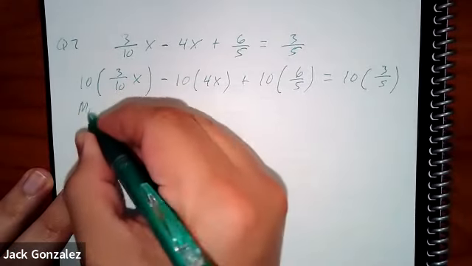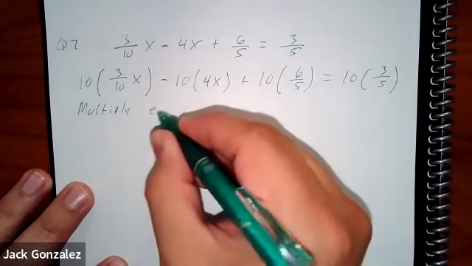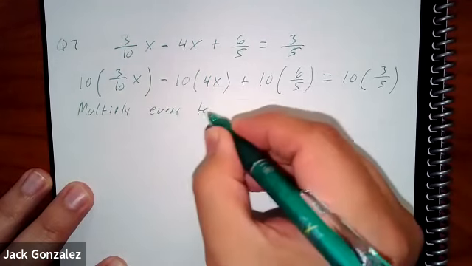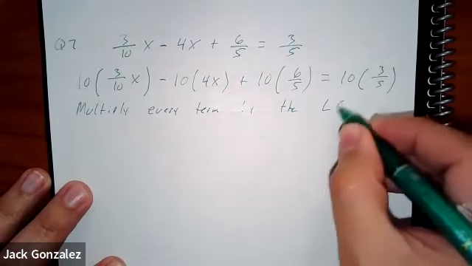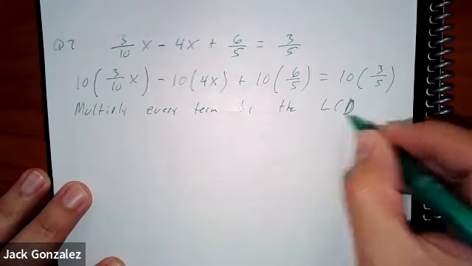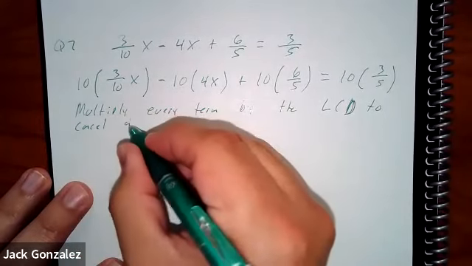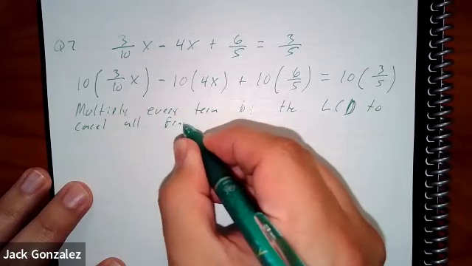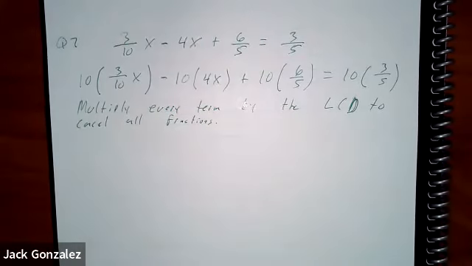So I'll make a note here. Multiply every term by the LCD to cancel all fractions. You don't have to do that. You could add the fractions and deal with it, but that would be much harder, and I don't recommend it.